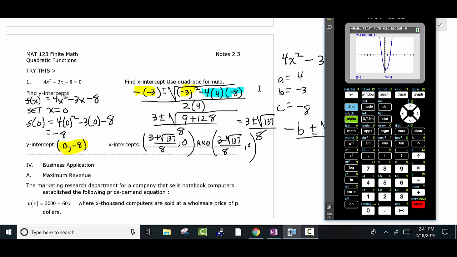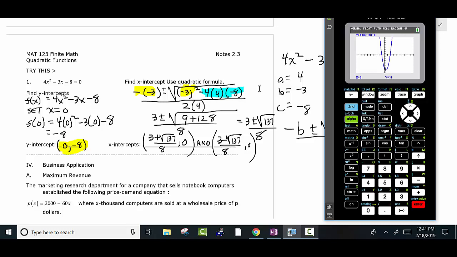Trace 0, and then enter. Did it do anything? Sometimes these things don't work. You've got a bunch of extra stuff in your calculator, and that's why it's giving you crazy stuff.